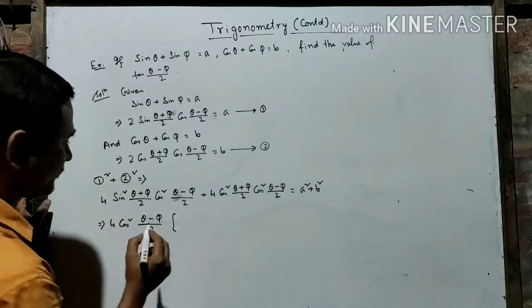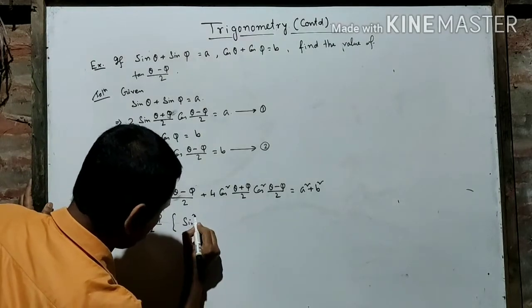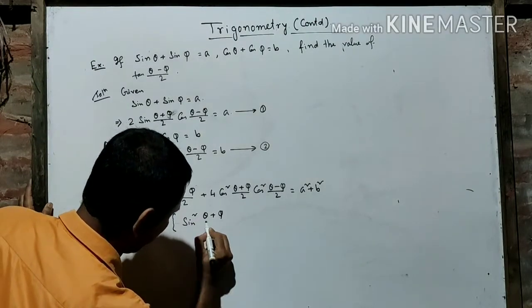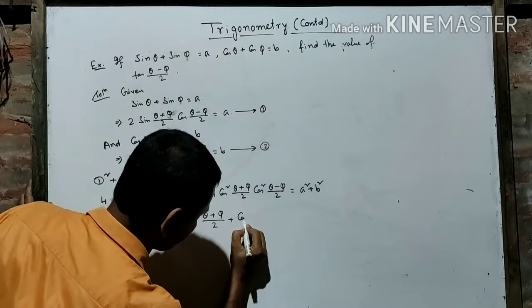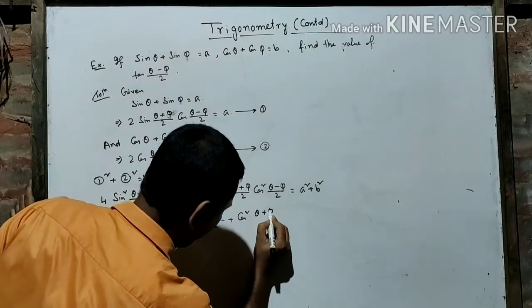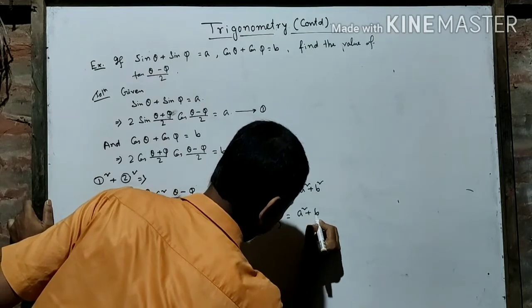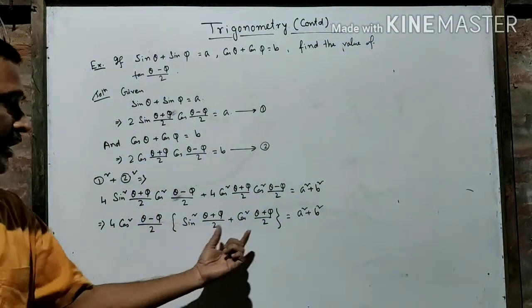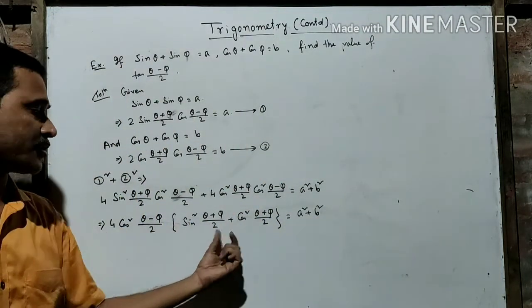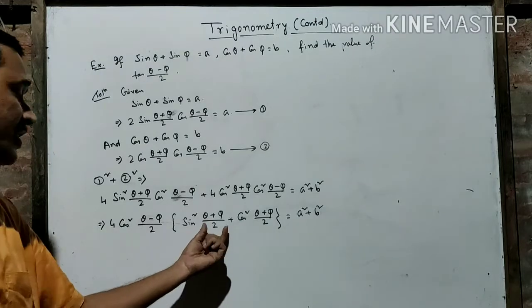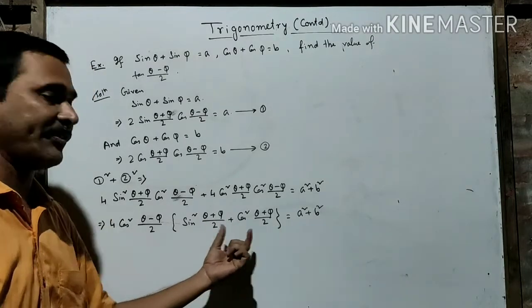There remains sin square (theta plus phi) by 2 plus cos square (theta plus phi) by 2, which is equal to a square plus b square. Same angle is here, so this is 1. If they contain the same angle, then the value is 1.